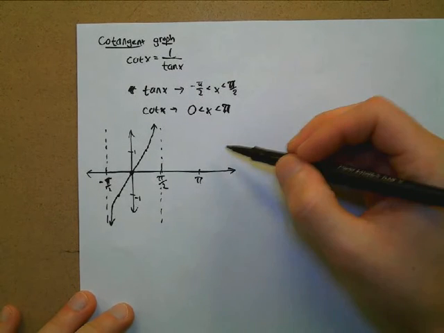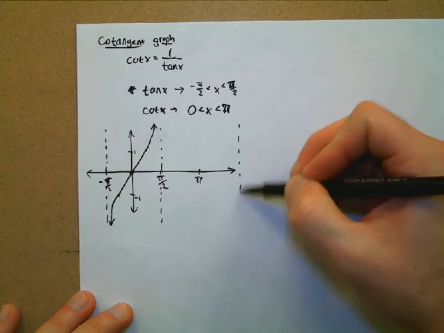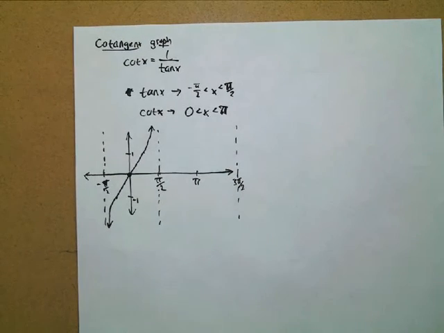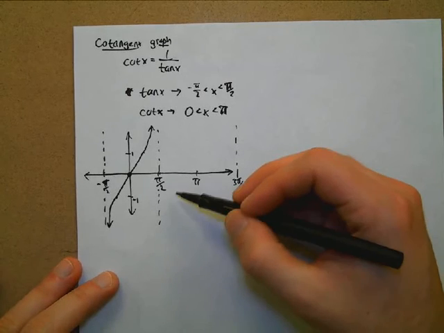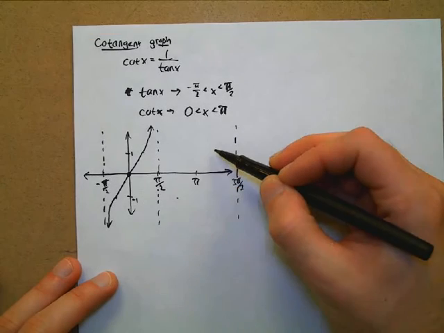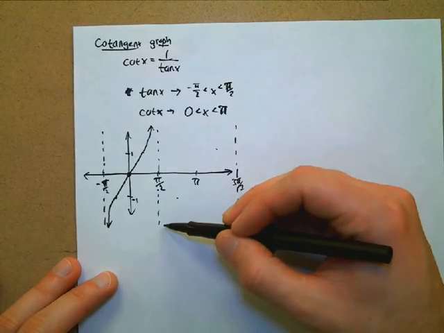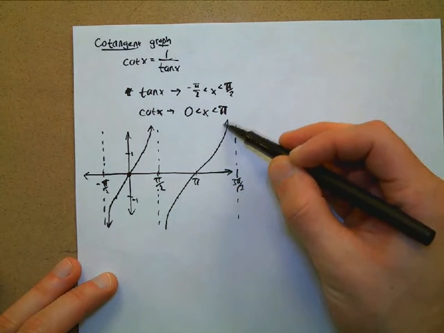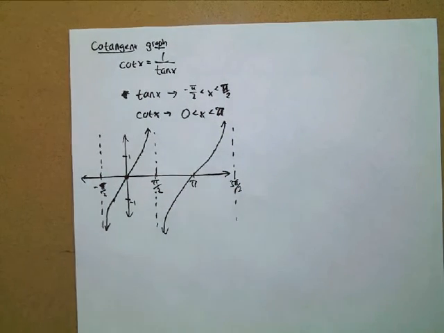So the cotangent we'll do in red here. And it's similar kind of thinking as we did with secant and cosecant. So for example, where tangent is 0 at 0, what will cotangent then be at 0? If tangent is 0, what's the reciprocal of 0?